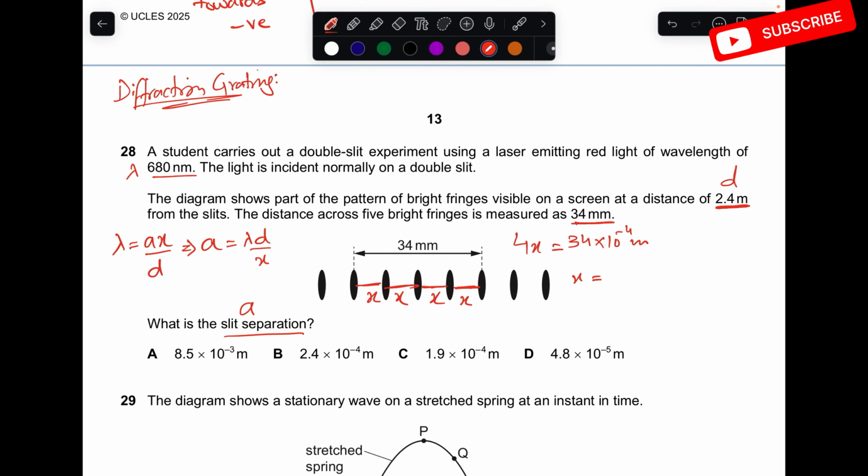So x is equal to 34 multiplied by 10 power minus 4 divided by 4 meters.